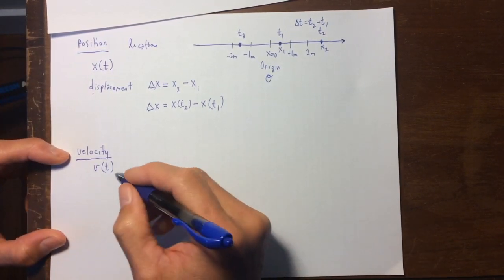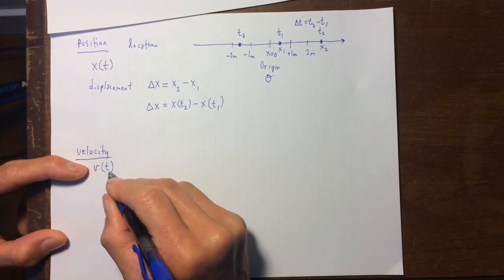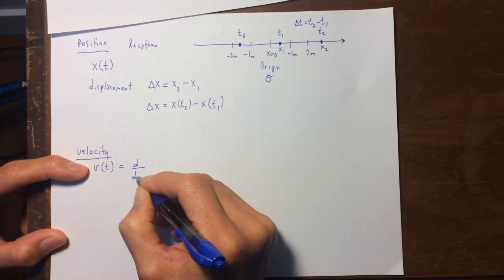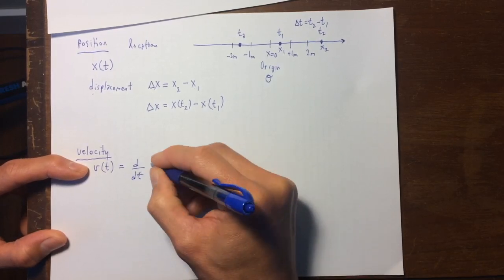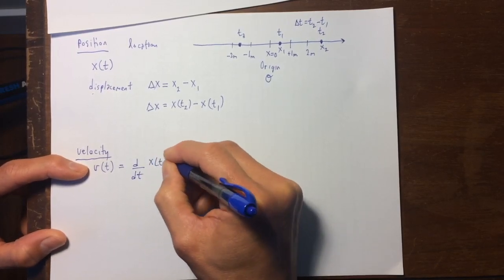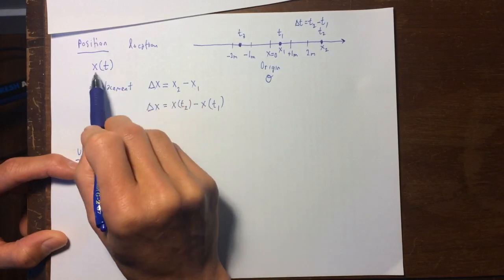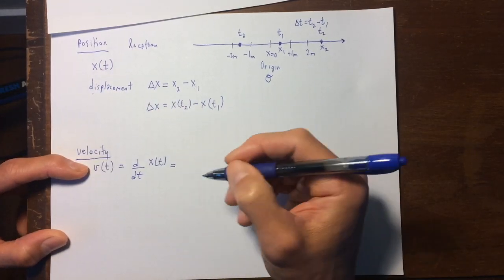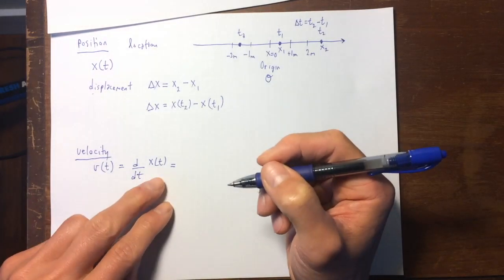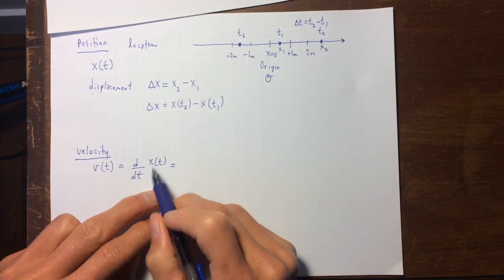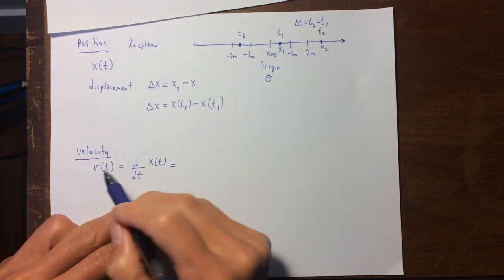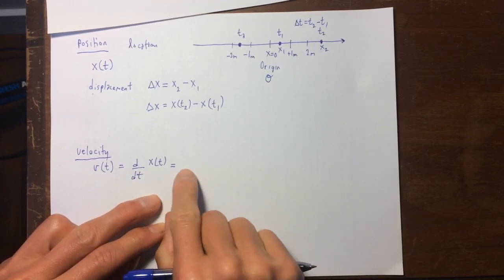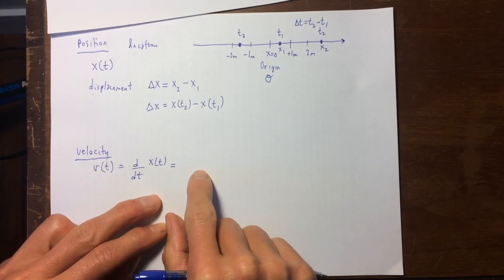So the idea is the velocity as a function of time is the time derivative d by dt of the position function x of t, where the position function is up here. So I'm going to leave a space, and you'll see why in just a second.